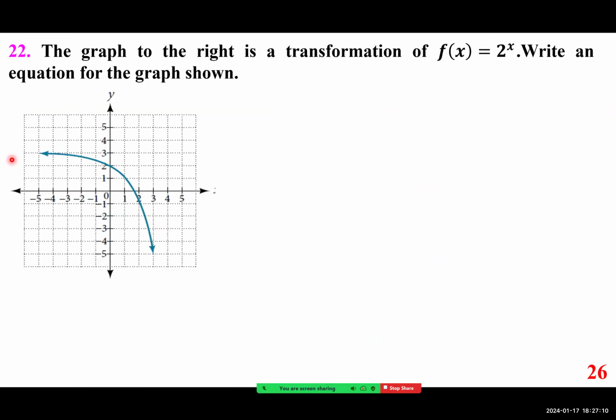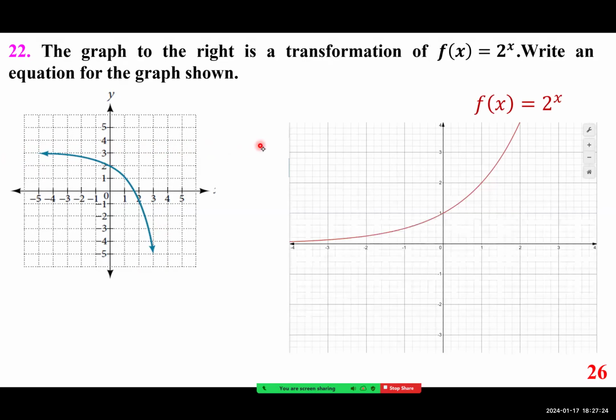That's some sort of an exponential function with the horizontal asymptote being now different. So this is 2 to the power of x. That's what we begin with because they said so. So this is some sort of a transformation of that.